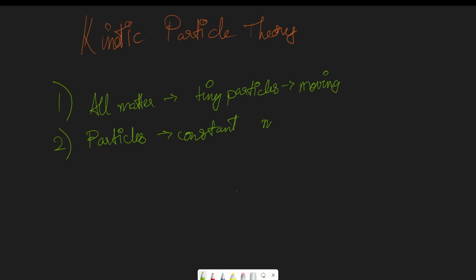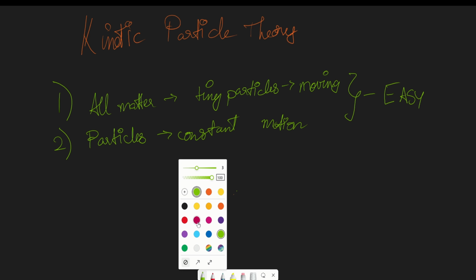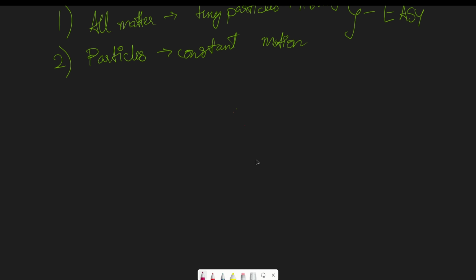These are very easy to remember. You can remember them very easily. The next two are slightly more difficult, especially if you're not used to the idea of the kinetic particle theory.